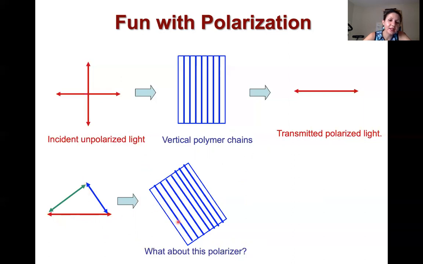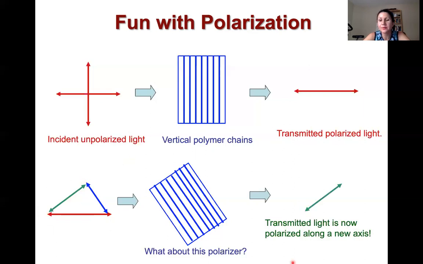The blue is along these chains, and the green is perpendicular. As this light goes through, the blue direction gets absorbed, but the green one gets through. So the transmitted light is now polarized in the direction of this axis, which is perpendicular to the polymer chain direction.